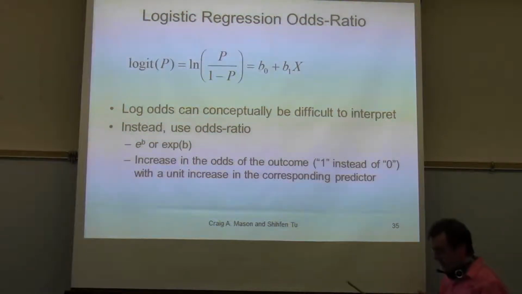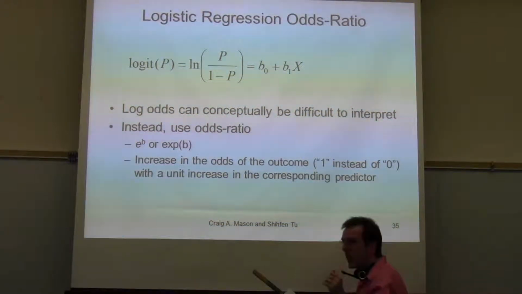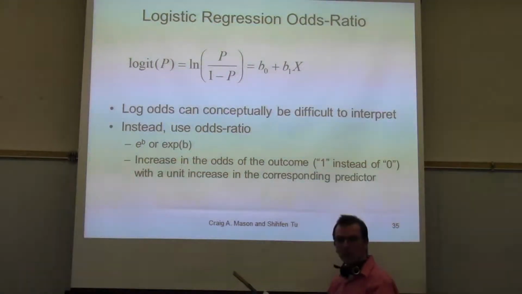But it's very, very similar. And what it's telling you, if I've got a unit, what's the increased odds? E to the b is telling me the increased odds of the outcome with a unit increase in x.